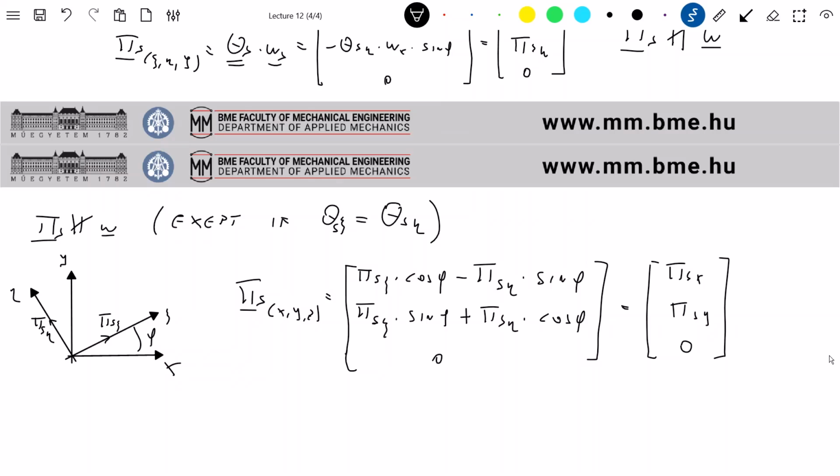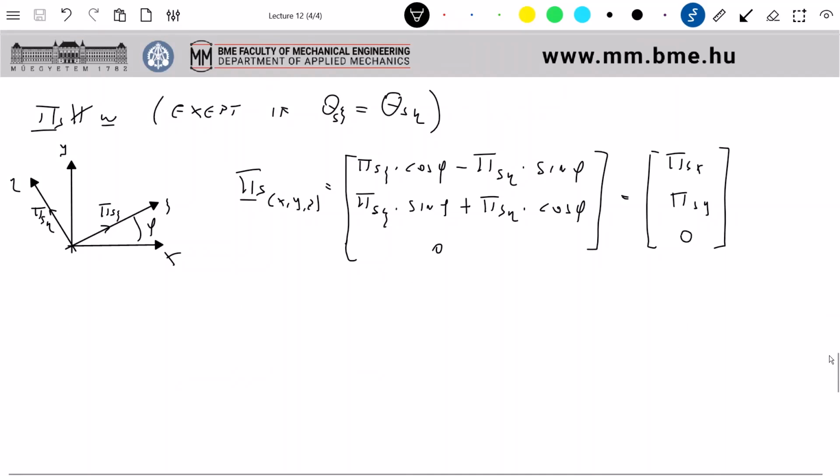Now if this is 0, then pi s is parallel to omega, but in general it is not, because this occurs only if theta s psi is equal to theta s eta. So this is really a special case. And now let's try to write the equation of motion for this case.